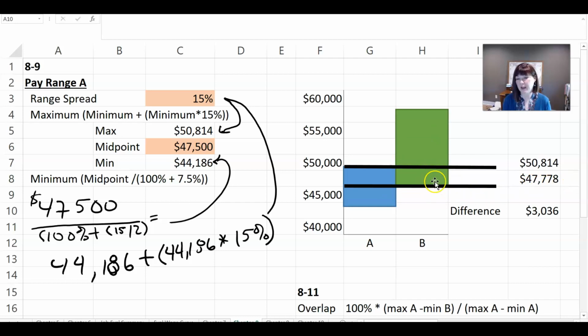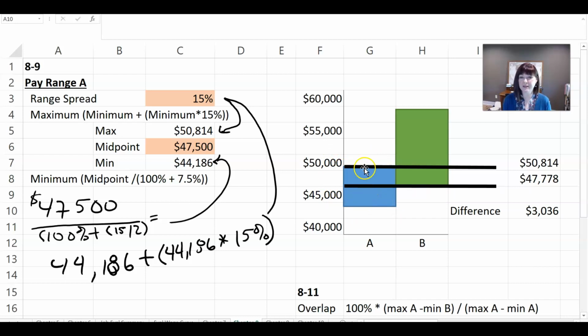That's where your overlap is. So the difference between the maximum of A and the minimum of B is this 3,036. Then you divide that by the maximum of A minus the minimum of A. Pay grade A is your anchor, all right?